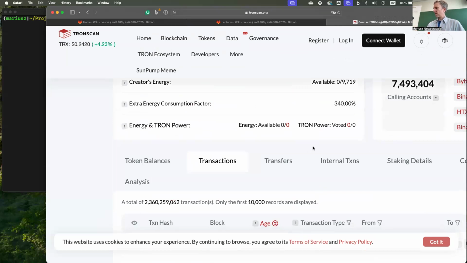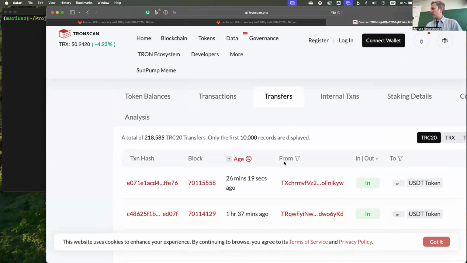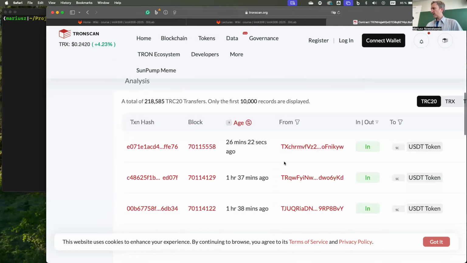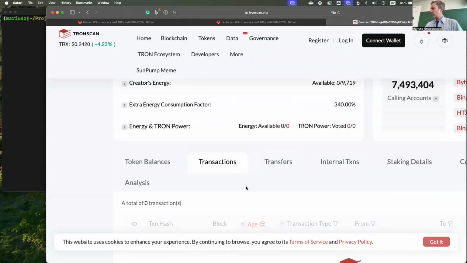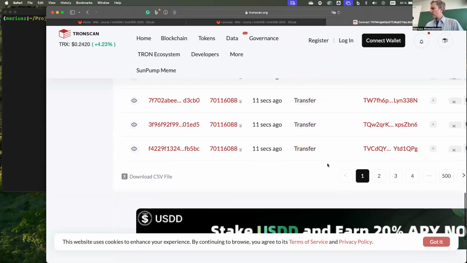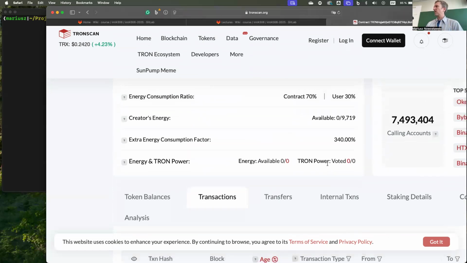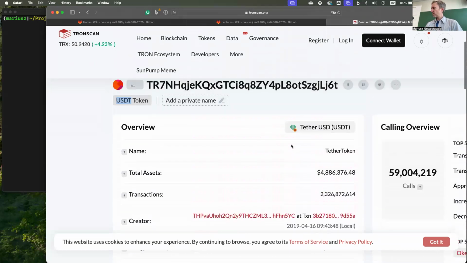Because the contract is a token contract, so it holds coins for some addresses, and it will usually be used for people sending money from one address to another address. So all the transactions probably will be just transfers. Initially, if you go all the way back, there will probably be some minting or some kind of creation of the token, but after that, it's just transfers.